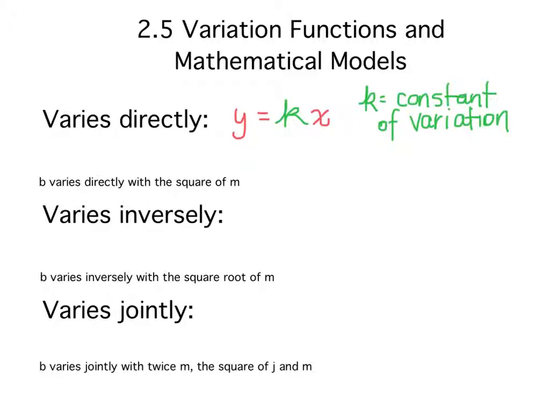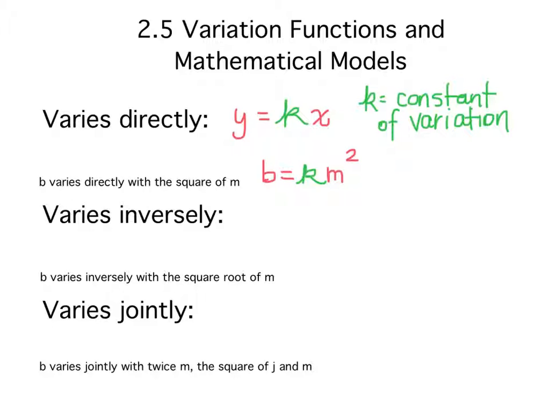An example would be b varies directly with the square of m. So b varies directly with the square of m.